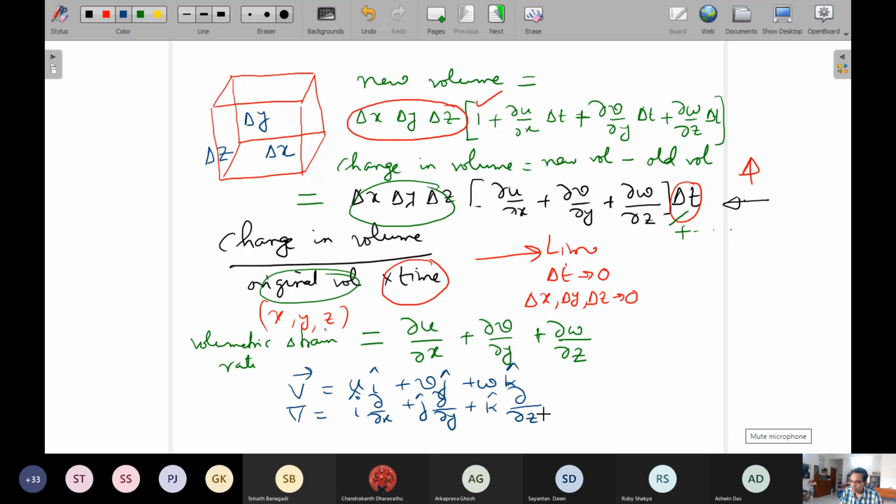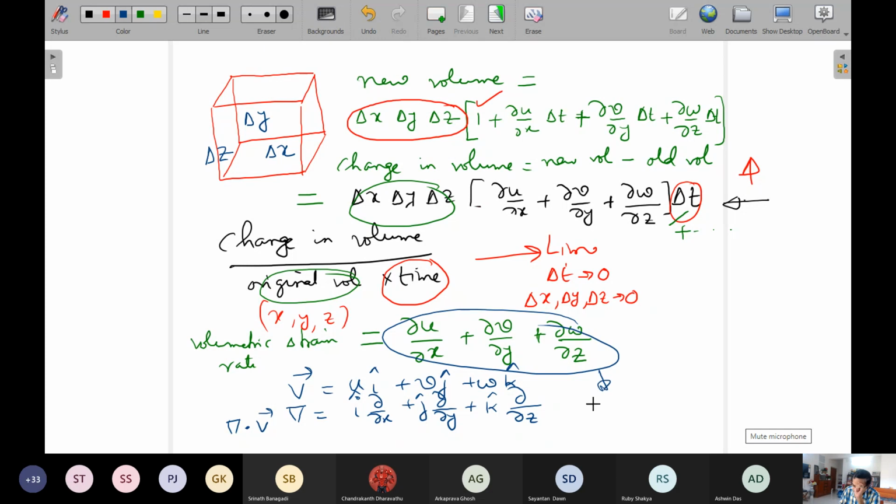Now if you take the divergence of V, so simply take a dot product of these two, which we call divergence, the dot product of the vector operator nabla with V, you will get this expression back.